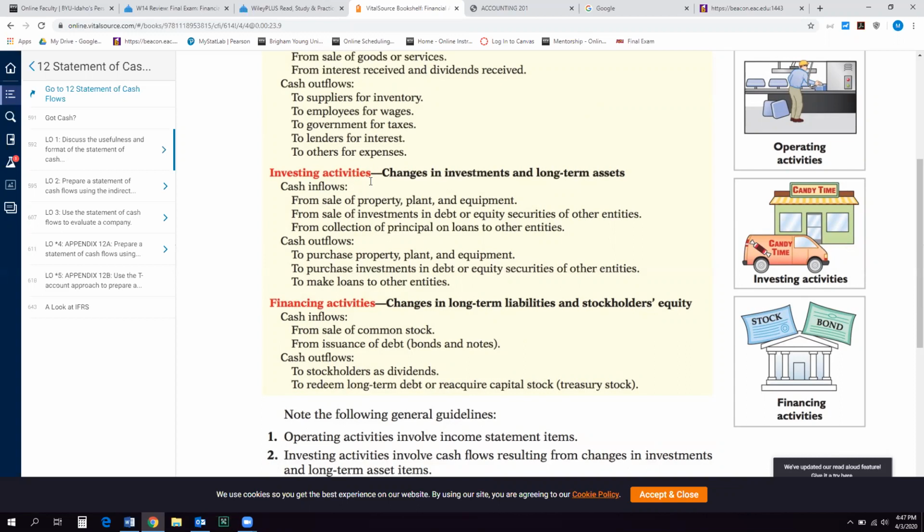Finally, the financing activities section would involve any cash inflows from the issuance or sale of our common stock, or from issuing bonds, or outflows related to the same things, including paying dividends. We consider that part of the cash outflows from financing activities.